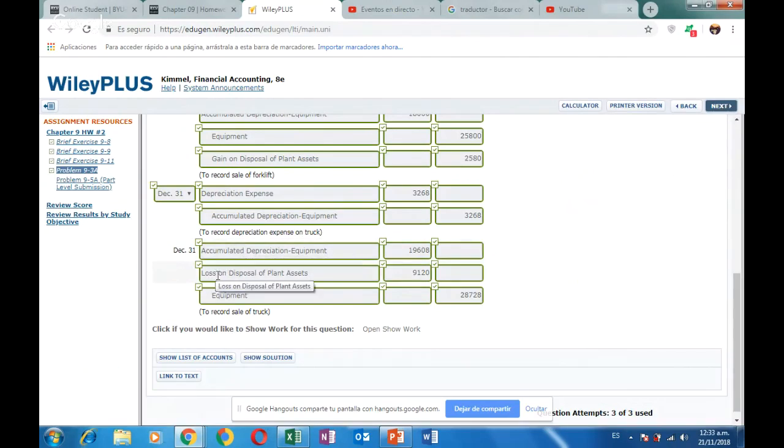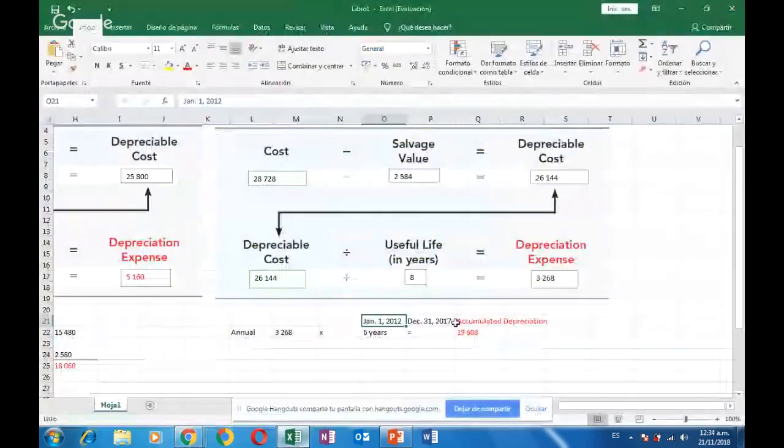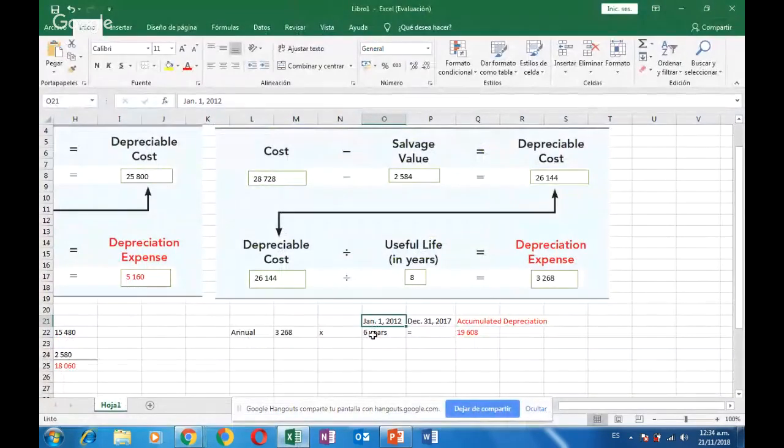Then to record the sale, we will debit the total accumulated depreciation, equipment, which was calculated here for 6 years, because there are 6 years between January 2012 and December 31, 2017.